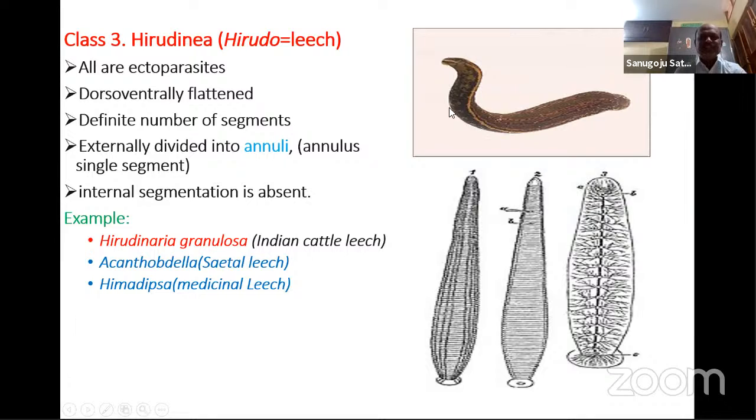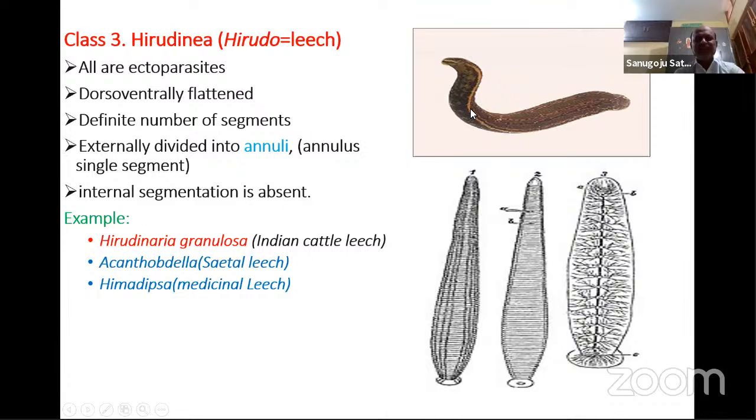The leech consists of only 33 segments, children. The body is divided into a definite number of segments. The annuli are transverse divisions, metamerically arranged. Metamerism is also called segmentation. Here annulus means a segment.